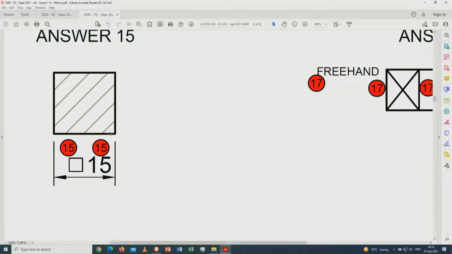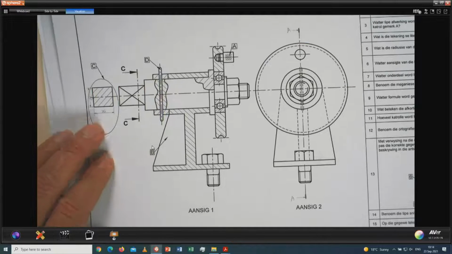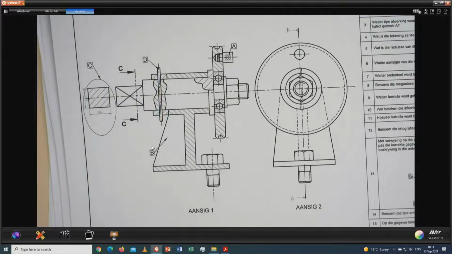So therefore it's whether we have to give the benefit of the doubt to the learner. If we go to this part over here, because the wording of the examiner wasn't 100% correct, you can say if that distance is 15 millimeters, you put a square for this round. So half a mark for the square, half a mark for 15. But if the learner wrote 75 and forgot the square, no square was shown, so he will lose half a mark for the square, but he will get the mark for 75.